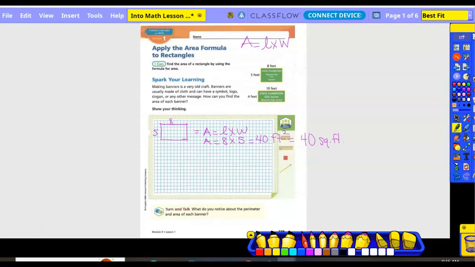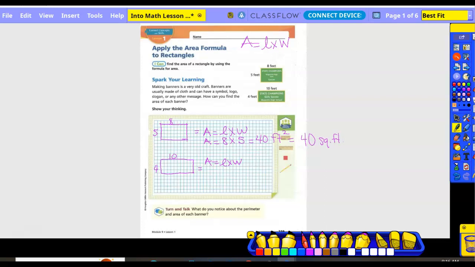Okay, the next one was 4 by 10. So once again, what's my formula for area? Area equals length times width, right? Okay, so I want to see that formula written every time you do an area problem.